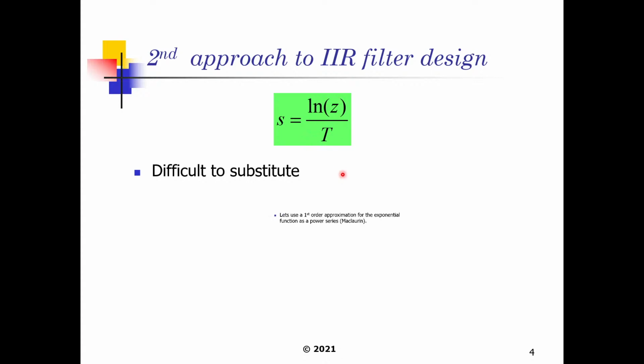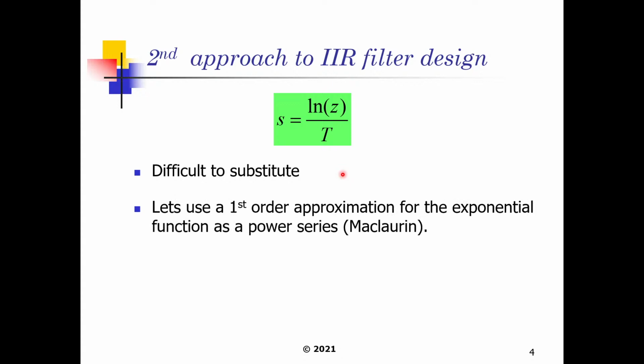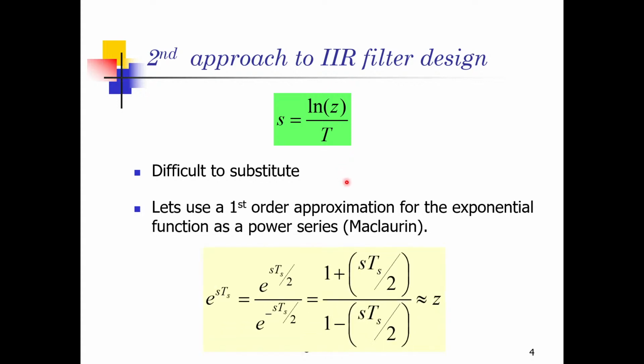We basically use a first order approximation for the exponential function using the Maclaurin expansion, and we can approximate this ln function and the exponent in terms of Z accordingly.